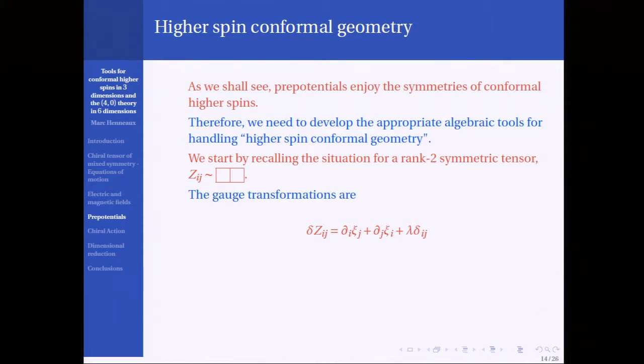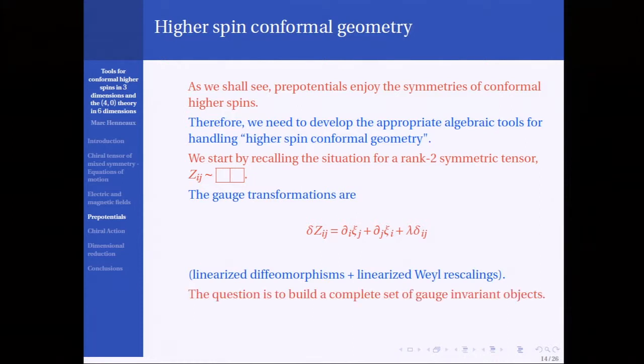And the question that we want to analyze is how can I construct invariants for that symmetry. So as I said, linearized diffeomorphisms, linearized Weyl rescalings. Now we know that in order to construct conformal invariants, we have to distinguish between 4 dimensions and higher, 3 dimensions, and below it's also different. 2 is of course different, but I just want to look at 3 and higher.